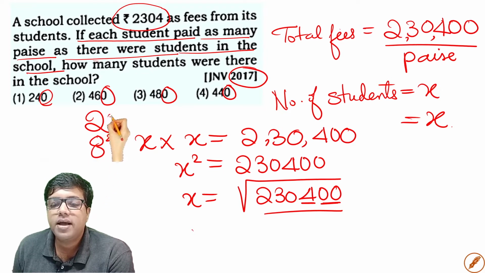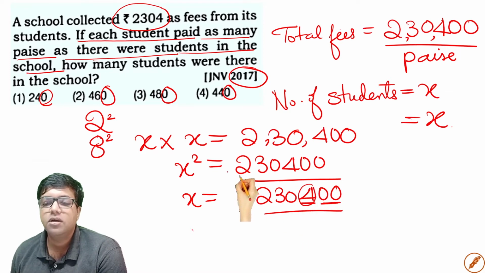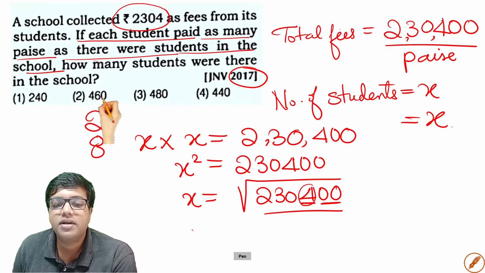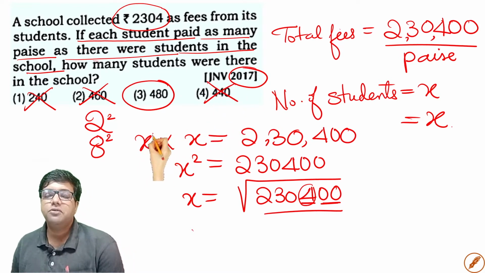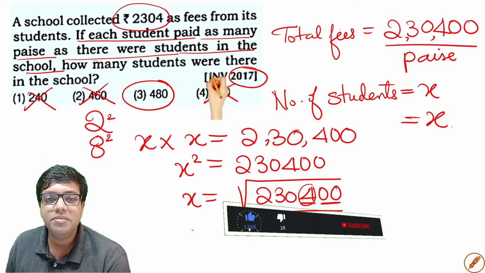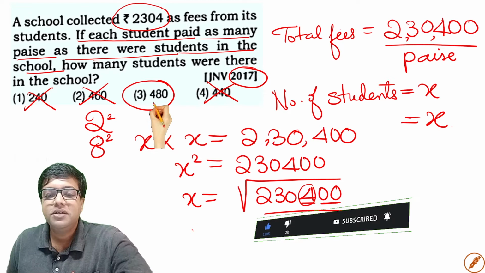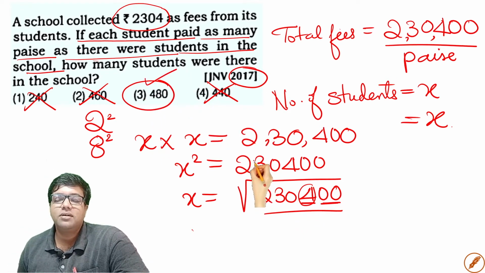So the squares of 8 and 2 will always end with 4. Do we have any number which has 2 or 8 to the left of 0? We don't have it here, we don't have it here, we have it here, and we don't have it here. So even without finding the square root, just through elimination of the options, you can mark option number 3 as your right answer.